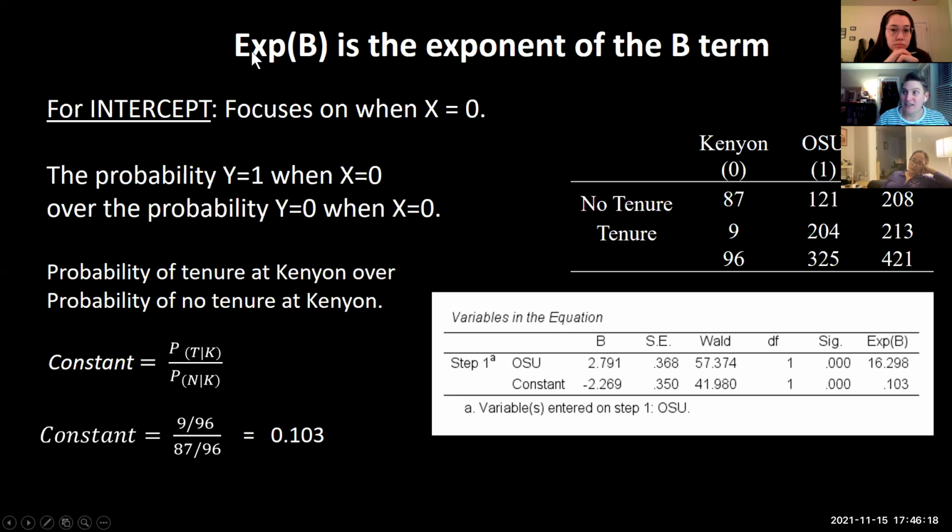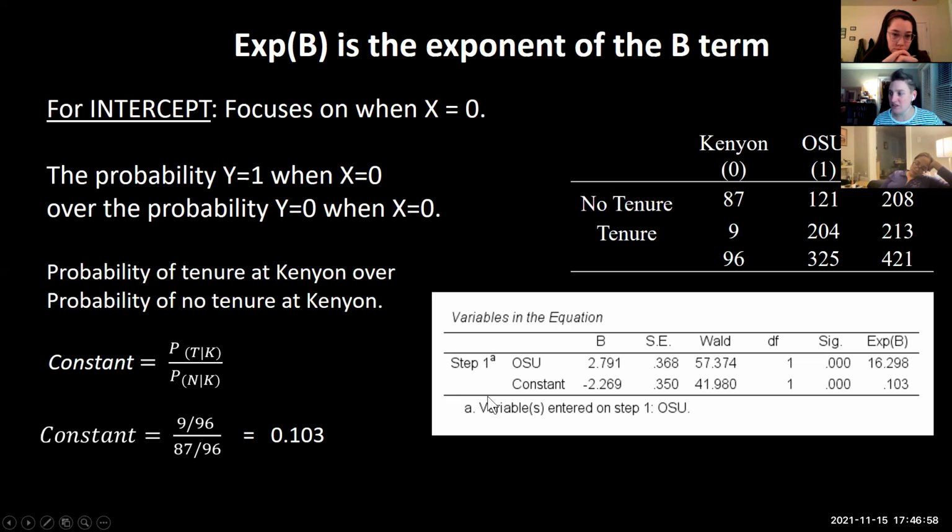Now let's look at this odds ratio. The odds ratio here is the exponent of the b term, which is kind of cool that that's how that math works out. It's the probability of, for the intercept, which is the constant. The constant is focusing on when x equals 0, just like always. So when x equals 0, the probability that y equals 1 when x is 0 is in the numerator over the probability y equals 0 when x is 0.